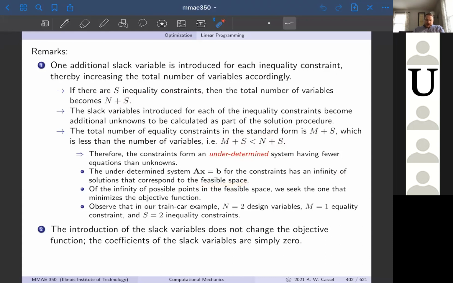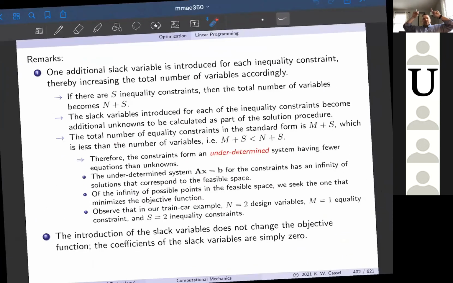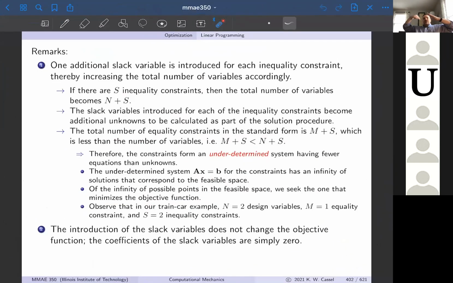And then of those infinity of possible points in the feasible space, because it's a region in our X space, we're looking for the one point, there's only one, that also minimizes the objective function. So this is what I talked about on Tuesday: we draw the feasible space, I'll draw a feasible space in a moment, and then we superimpose lines of constant j.